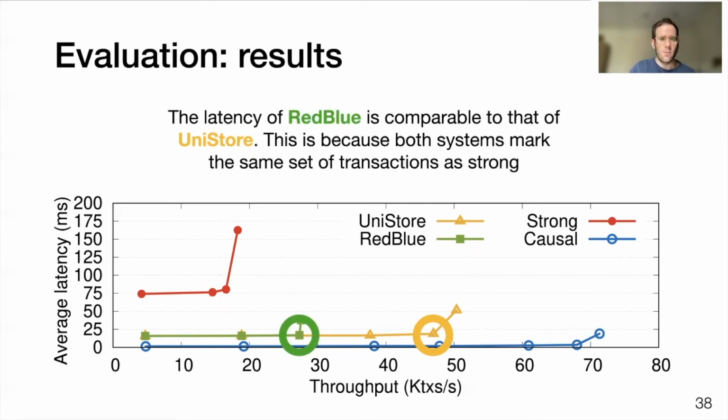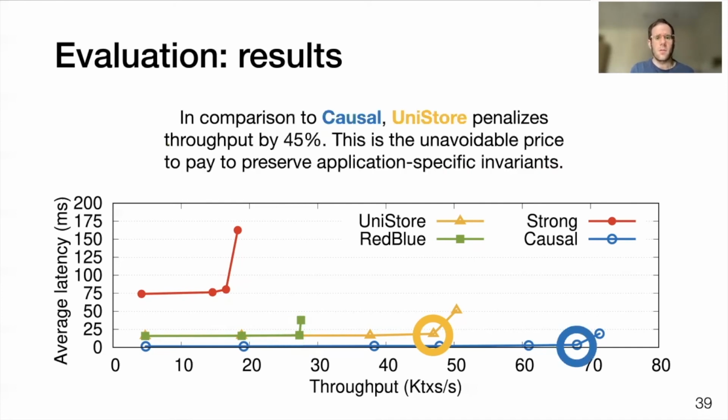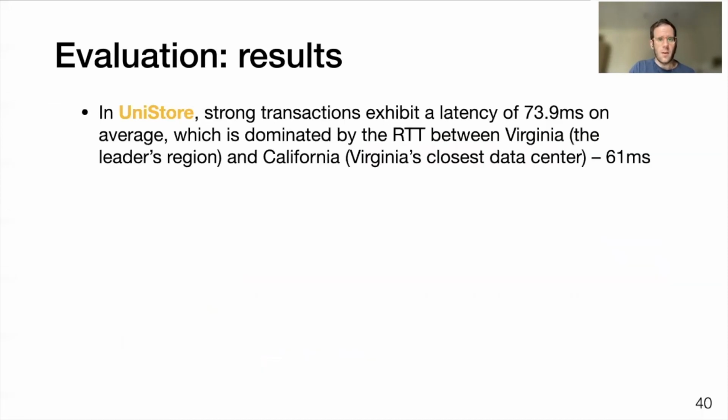And in comparison to RedBlue, they both exhibit a similar latency, and this is because both systems mark the same set of transactions as strong. In comparison to Causal, UniStore penalizes throughput by 45%, and this is the unavoidable price to pay to preserve application-specific invariants.